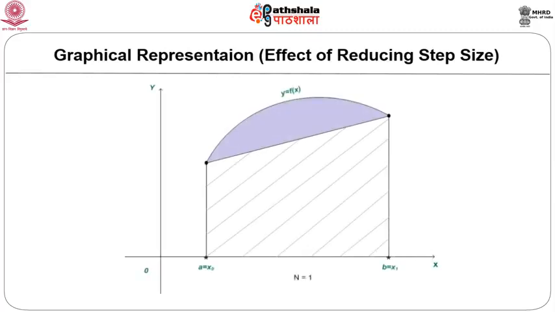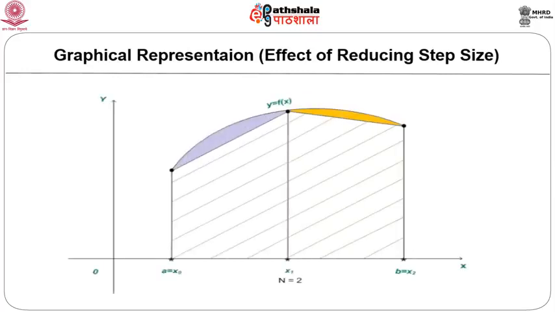Let us see what is happening graphically. You can have a look at the figures shown here. These figures, one by one, show that the number of intervals is increasing. In the first figure, the sub interval is only 1, so the trapezoidal rule is applied with n equal to 1, and you can see the shaded figure and how much the error is.